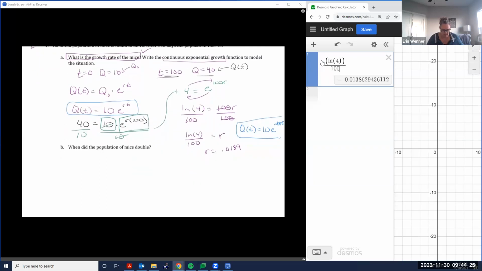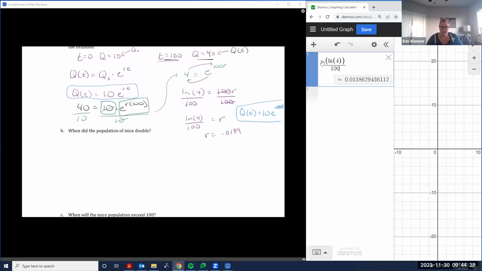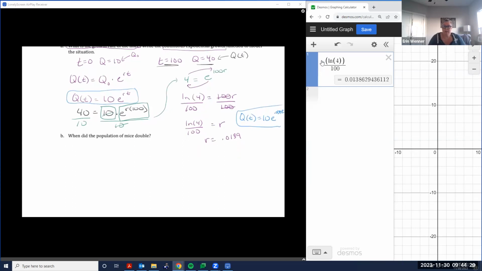Part B says, when did the population of mice double? So when they're asking about the population doubling, they're saying, when was it twice the original amount? Another way to say when was it is how long did it take for it to double.